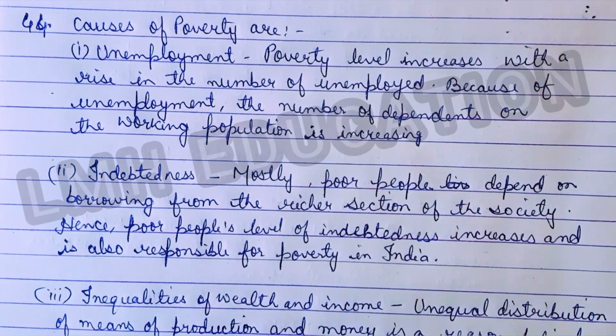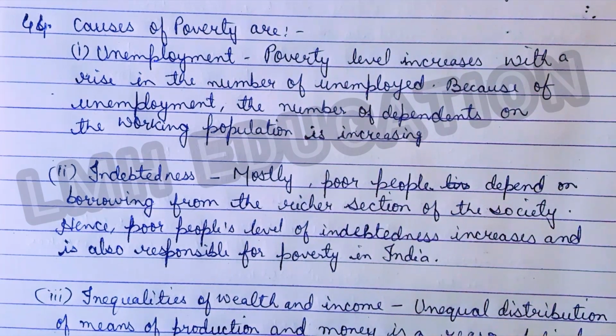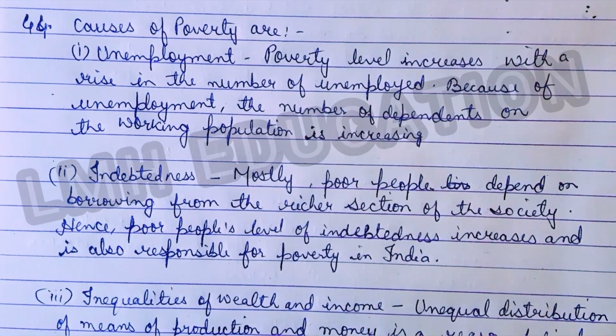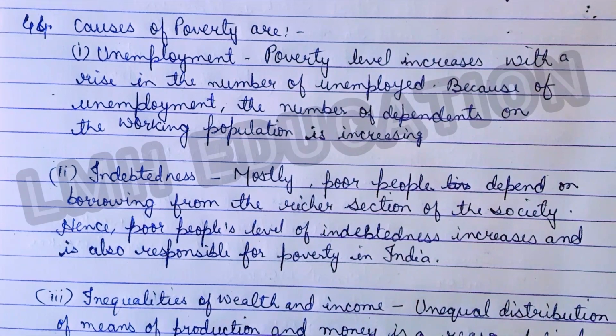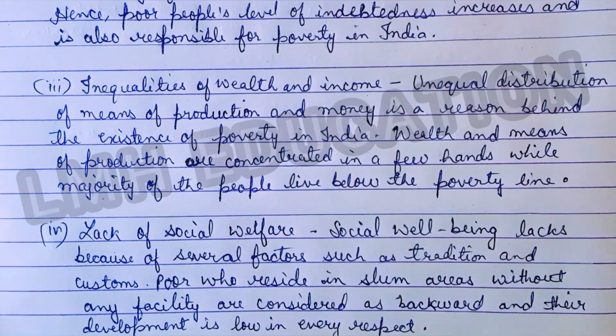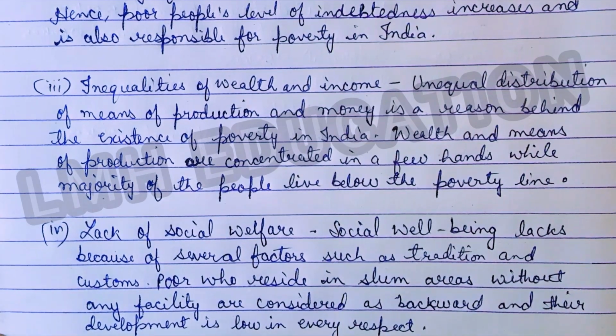Next, the third one is inequalities of wealth and income. An unequal distribution of means of production and money is a reason behind the existence of poverty in India.